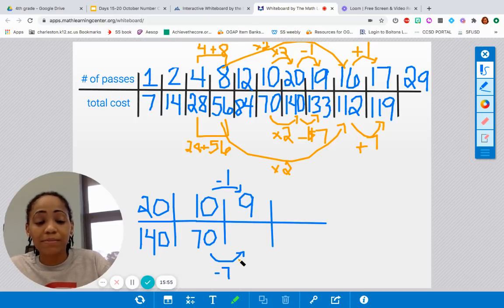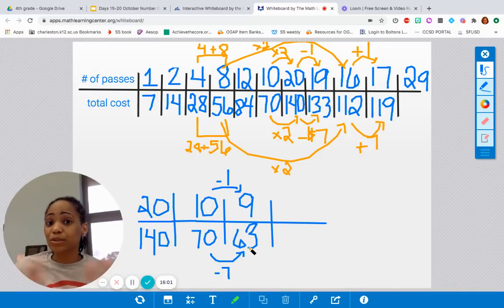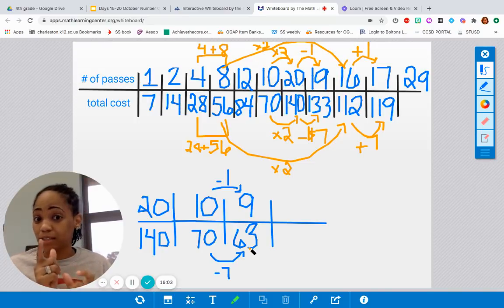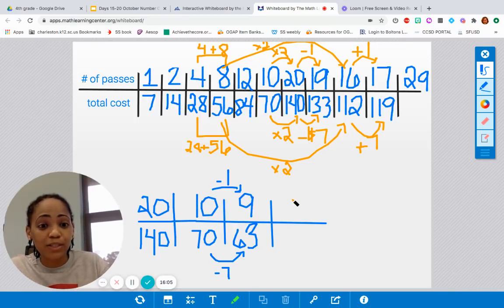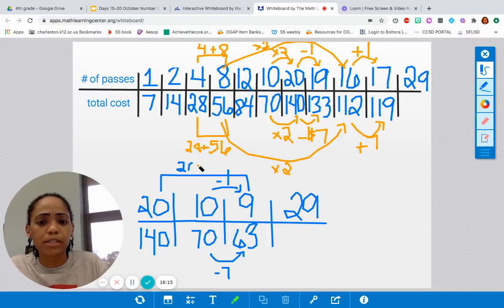Okay, so 70 minus 7 is 63. It's another good reason for you to know your multiplication facts, by the way. So now if I want 29, I could do 20 plus 9. You guys following all my marks here? I know I have a lot going on today.